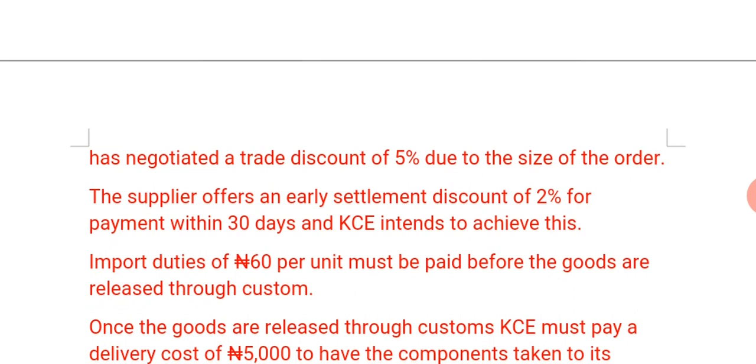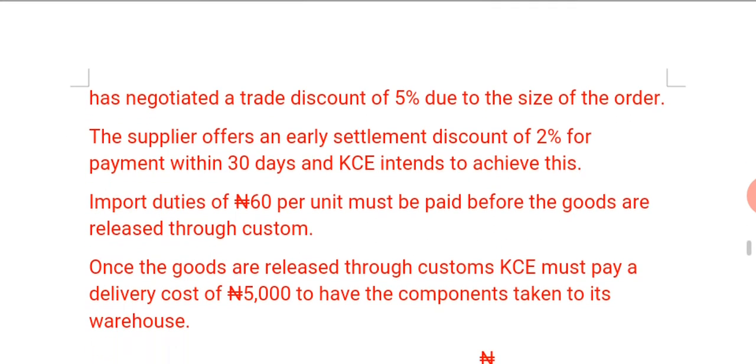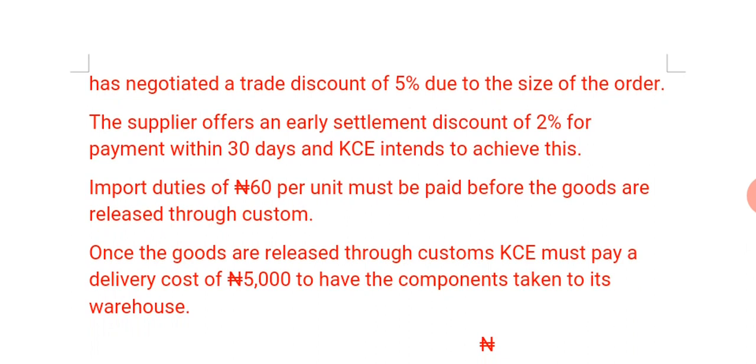Import duties of 60 naira per unit must, now the word must is there, so we gave import duties as part of the cost, be paid before the goods are released through customs. Once the goods are released through customs, KCE must pay, must again, delivery cost of 5,000 naira to have the components taken to its warehouse.